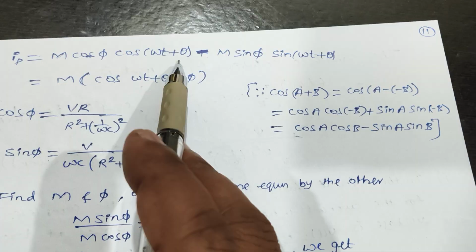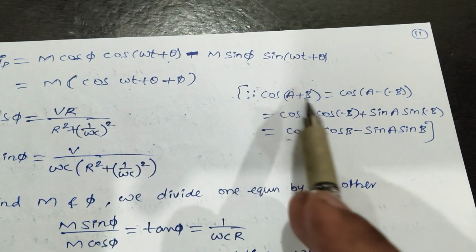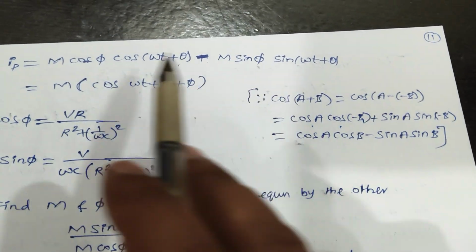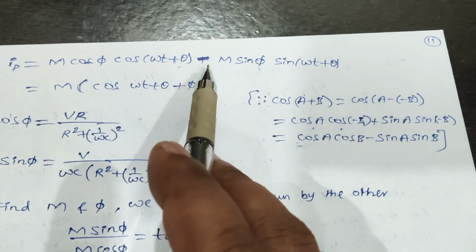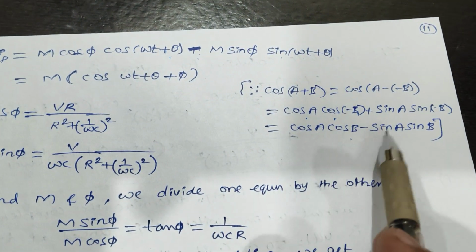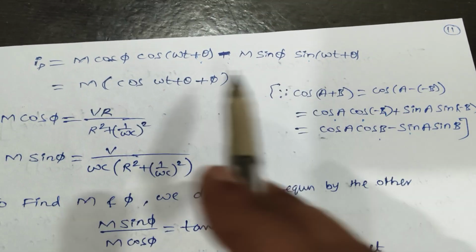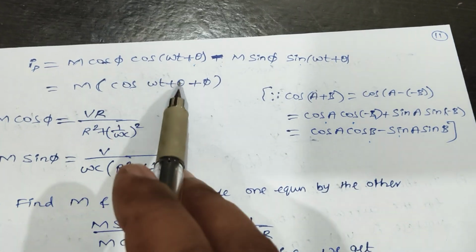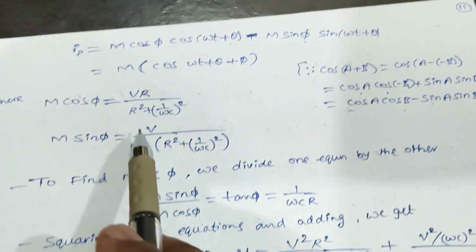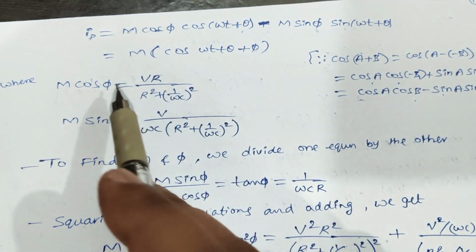So cos A, this I am assuming A, this I am assuming B. So cos A cos B minus sin A sin B is nothing but cos of A plus B. So m of cos omega t plus theta plus phi.